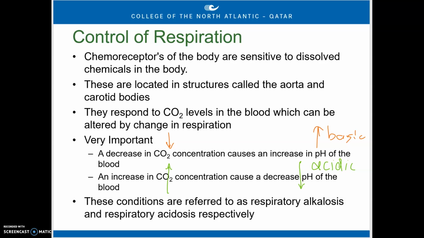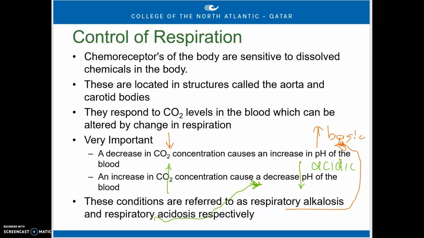Okay, so we can have these conditions, for example, respiratory alkalosis will represent this condition right here, and that's when we've got low carbon dioxide, and as a result of that, our blood goes basic. And then we can get the other condition here called respiratory acidosis, and that's what happens in this situation when we have extra carbon dioxide and the pH of our blood goes down and it goes acidic.